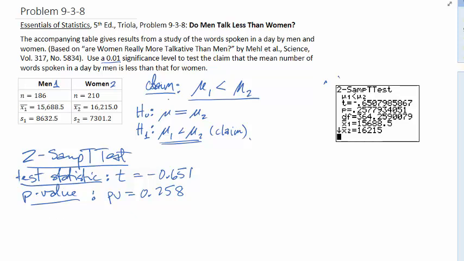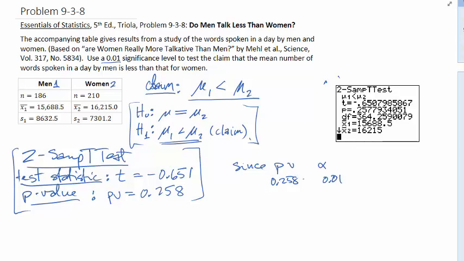We've stated our claim and our hypotheses. We got our sample, our test statistic and our p-value, and now we're going to make our conclusion. Our p-value is 0.258 and our alpha is 0.01, so clearly our p-value is bigger than alpha.